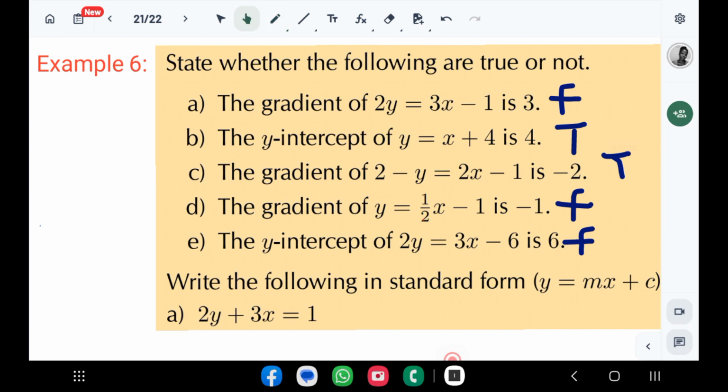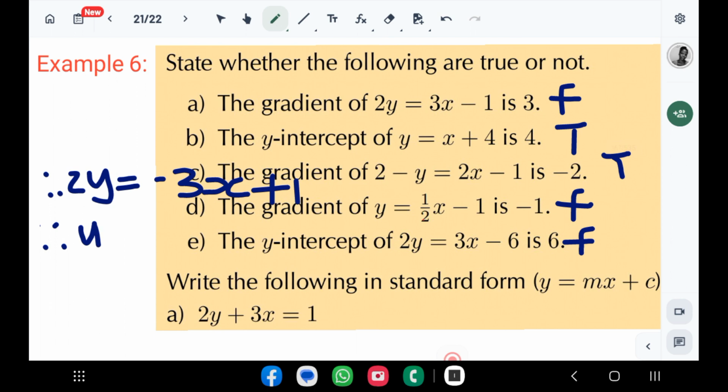Write the following in standard form, y equals mx plus c. So what you do is you take everything that's not y to the right hand side. That leaves you with 2y equals negative 3x plus 1. Now divide both sides by 2.